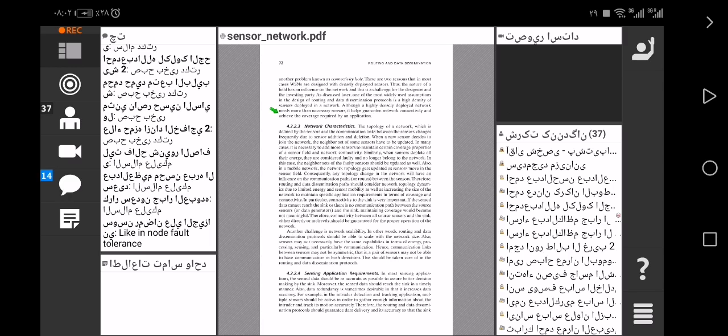For another application, delay is very crucial. So it depends on the nature of the application. Some parameters are so important for us, and we should consider them.